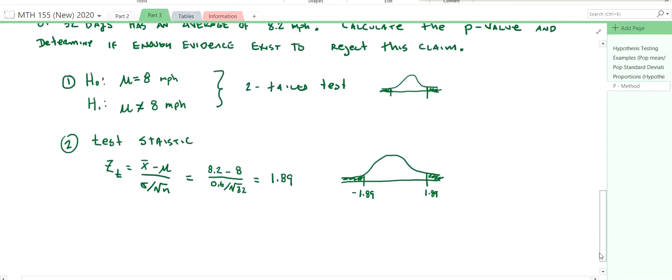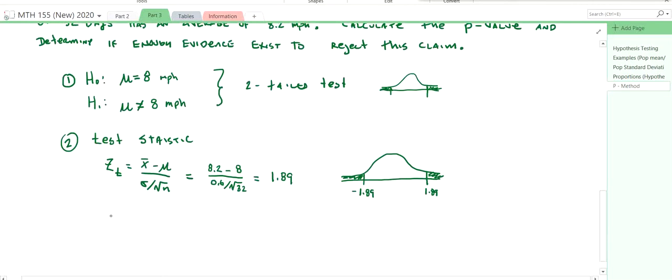Okay, so we're going to find our p-value now. I'm going to choose this area to calculate because I can pull that directly off my z chart, the area to the left of minus 1.89.